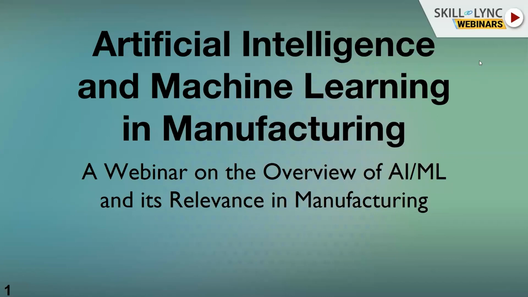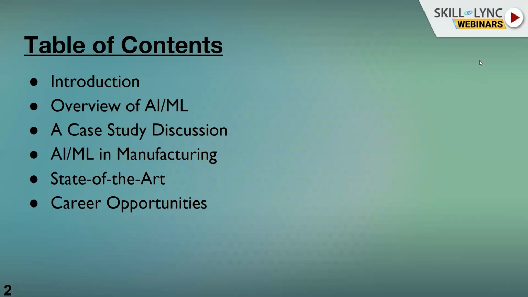Today we are going to cover a very high level introduction to artificial intelligence and machine learning. What they are and what can we do using these technologies, right? Especially we will go through one case study to give a better understanding of the concepts that we are going to learn. Then we will look at how artificial intelligence or machine learning is currently applied in the manufacturing world.